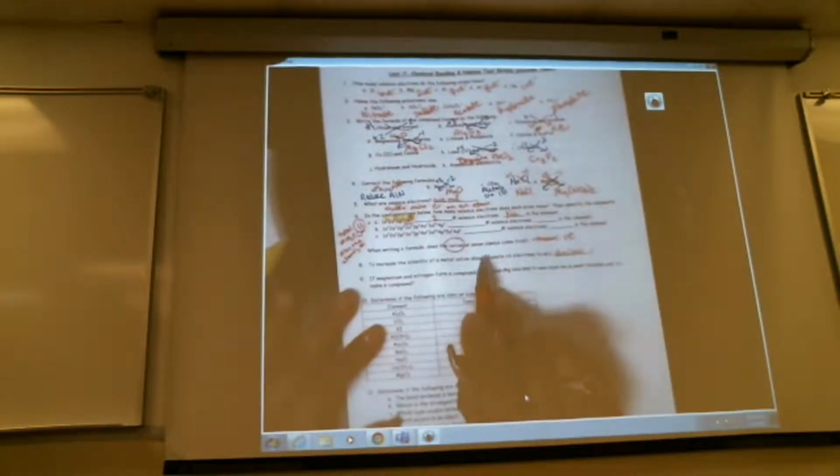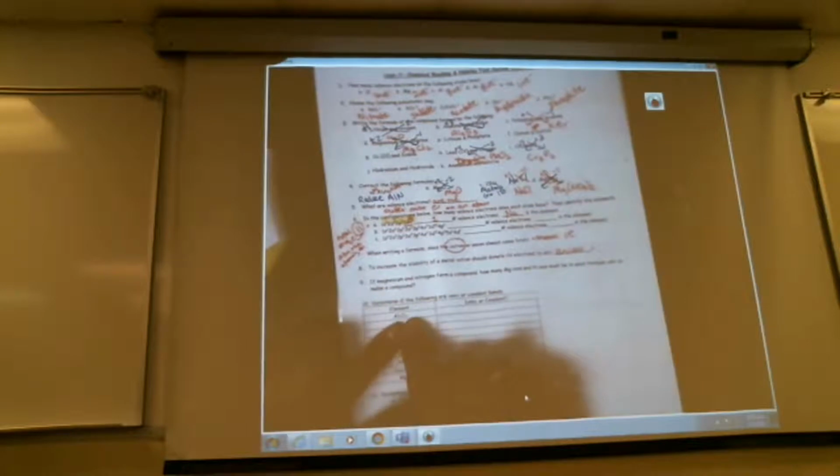Okay, cation. To increase stability, a metal cation should donate its electrons to an anion. Cations donate. Remember, when it comes to ionic bonding, transferring is occurring. I give you my electrons, you accept my electrons, but transferring is going to occur.